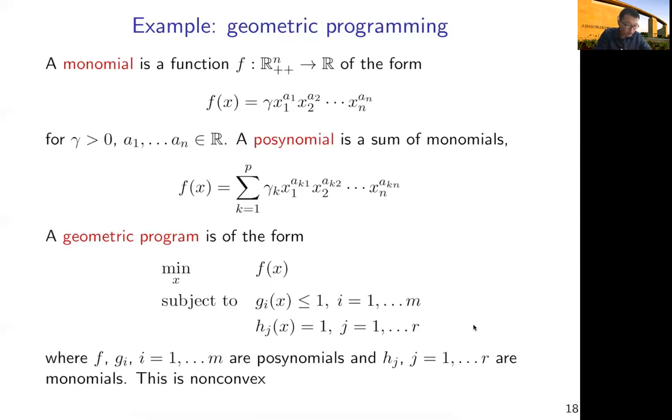So a geometric program is of the following form: you have an objective function f of x to minimize, and you assume that this f of x is a monomial. Notice that this can be arbitrarily non-convex. So it's a really strange kind of optimization problem, subject to constraints where the gi's are posynomials and the hi's are monomials. So this is a family of programs called geometric programs.